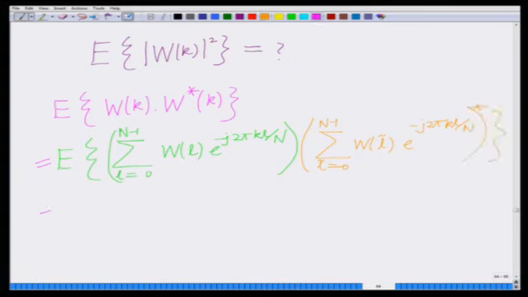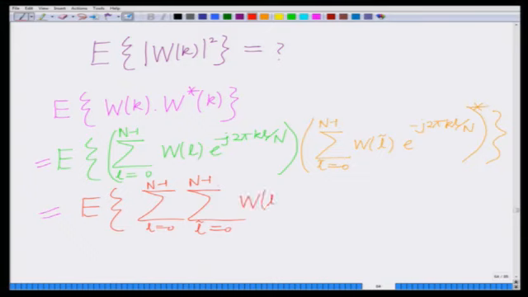Which is equal to, I can write this as the expected value of the double summation over L equal to 0 to n minus 1 and L tilde equal to 0 to n minus 1 of w(L) times w conjugate(L tilde) times e to the power of minus j 2 pi k, L minus L tilde, divided by n.